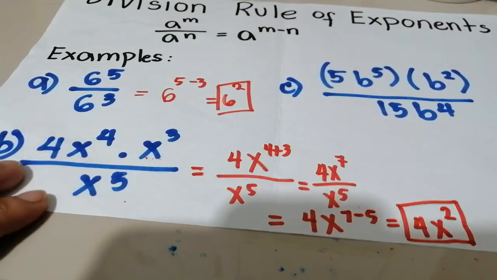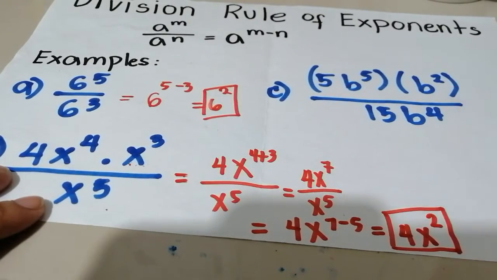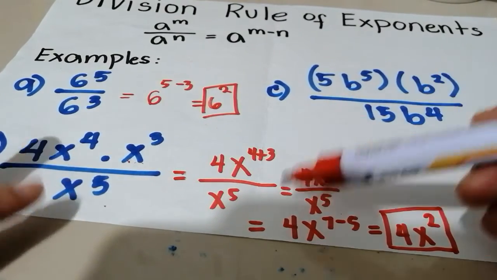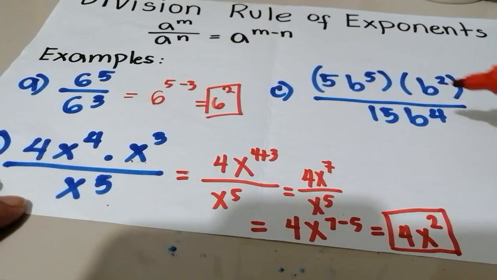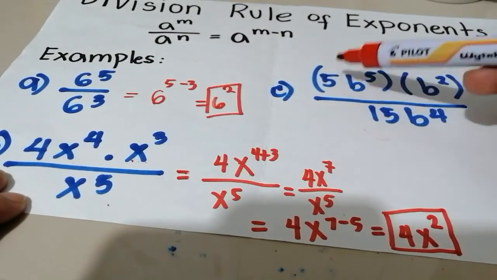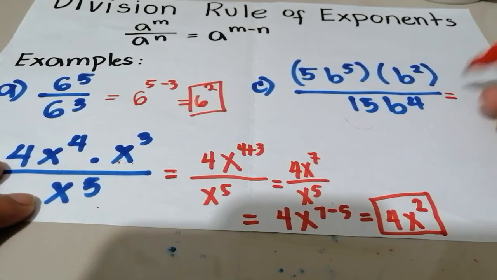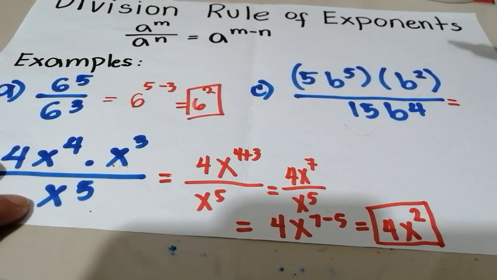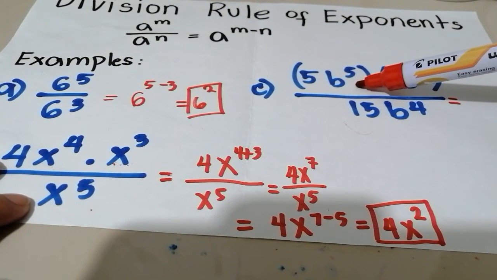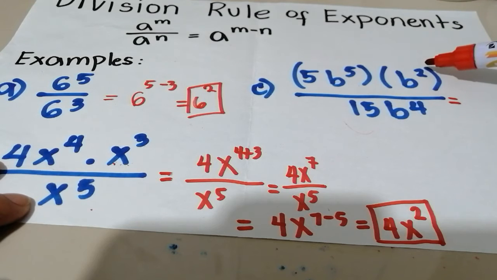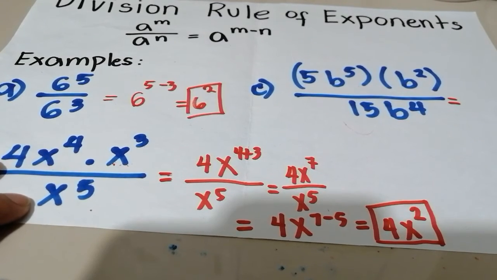Okay, next, what if we have this? So, actually, this one and this, they're the same. But this time, we also have coefficients or numbers. So, if we have this kind of numbers, ang unang-unang gagawin pa rin natin, since we have b raised to the 5th power here and b raised to the 2nd power here, we simplify that using the product rule again.